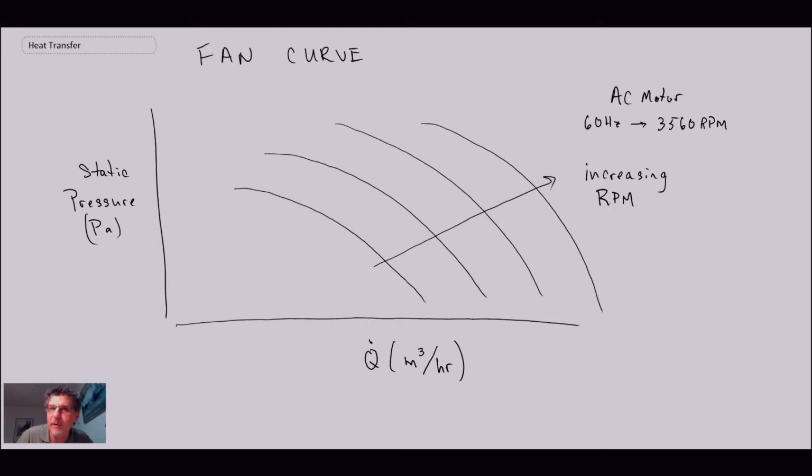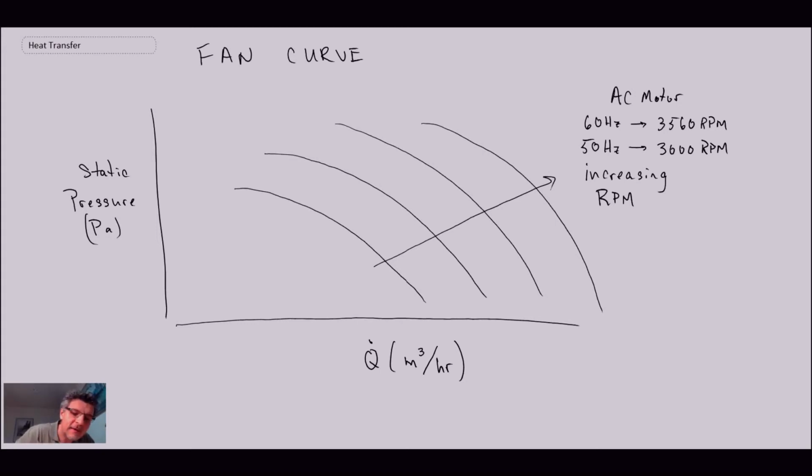So you would either have a pulley system to reduce the rotational rate, or you would have a gearbox that would reduce it. If you have 50 hertz power, which other parts of the world have, then we would get 3,000 RPM coming off of the electric motor. So the increasing RPM is going in that direction, depending on where you are, and using belts or a gearbox, you can change the RPM that you're at.